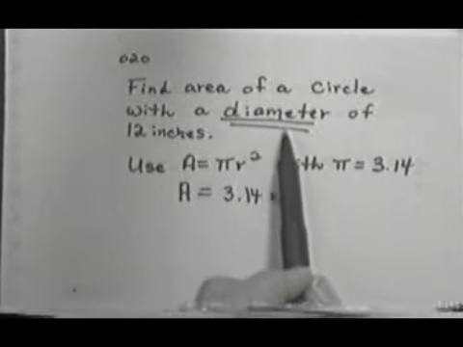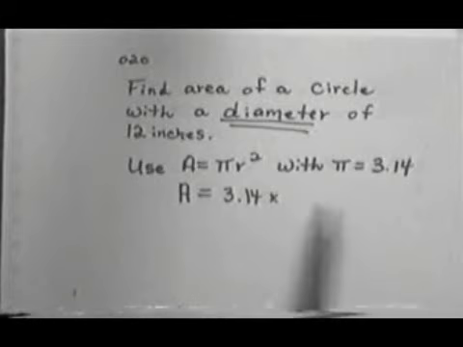Is the diameter the distance all the way across the circle, or is the diameter the distance halfway across? You've got to know. If you don't remember, you might go back and look in your notes, but the diameter is all the way across. The radius is halfway. The radius just goes to the center. And our formula has the radius in it, so we've got to have the radius to put in our work down here.